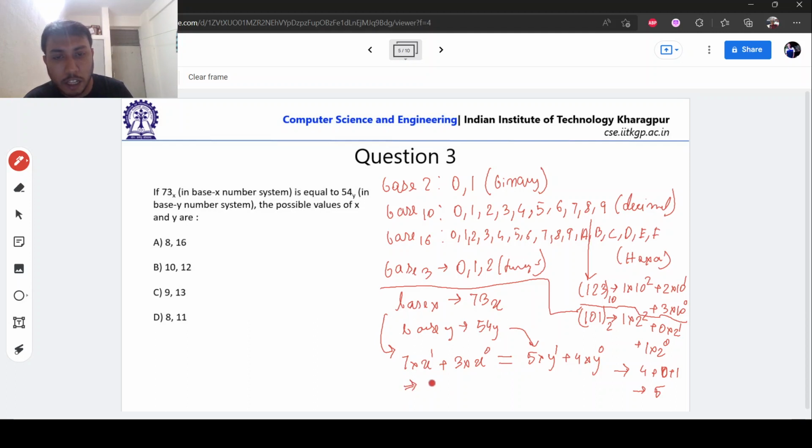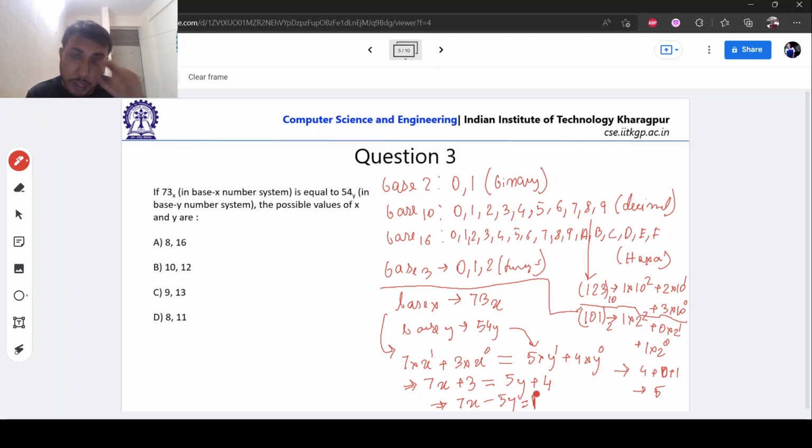Therefore the equation becomes 7x plus 3 equals 5y plus 4, or 7x minus 5y equals 1.